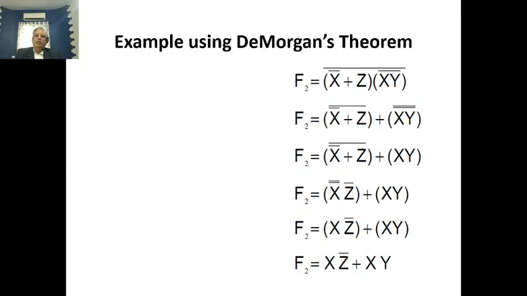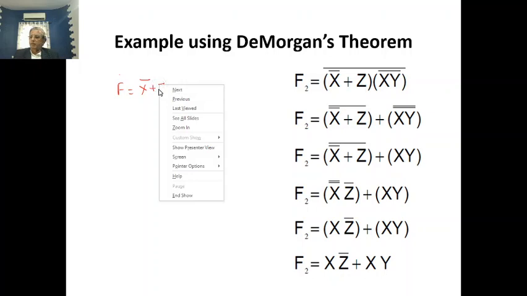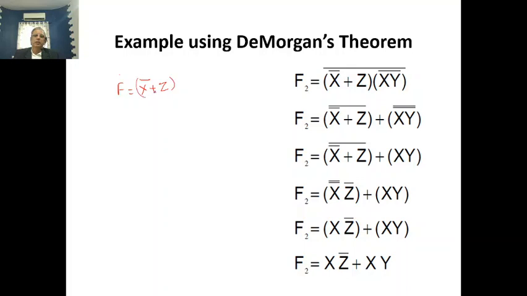Example using De Morgan's theorem. As we know, De Morgan's theorem is used to simplify the logical expression. Now this is the first. This is the complete bar and this is the dot operation. We will write F equal to x bar plus Z, into x bar y, and the inversion of this, complete inversion.